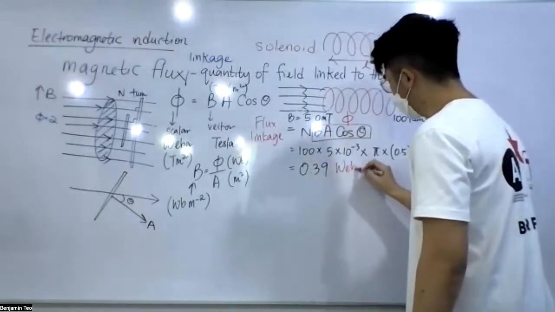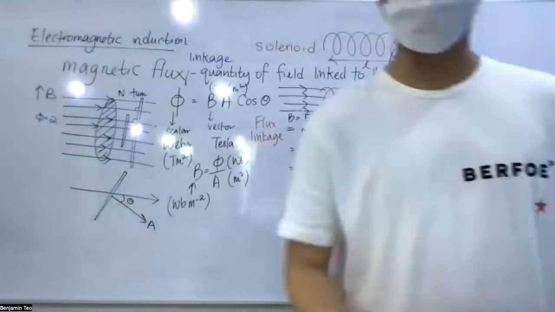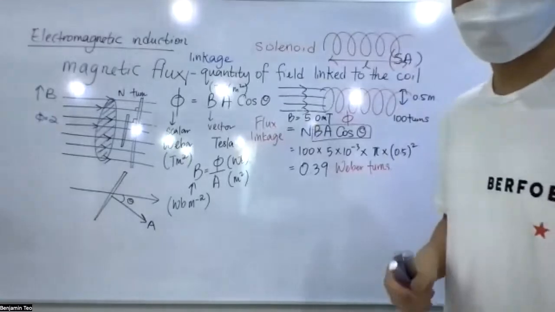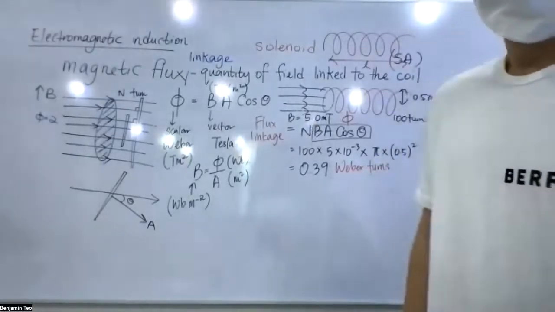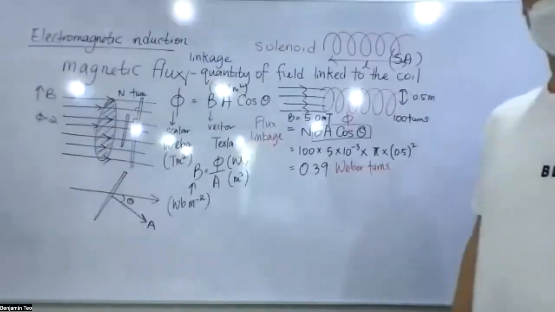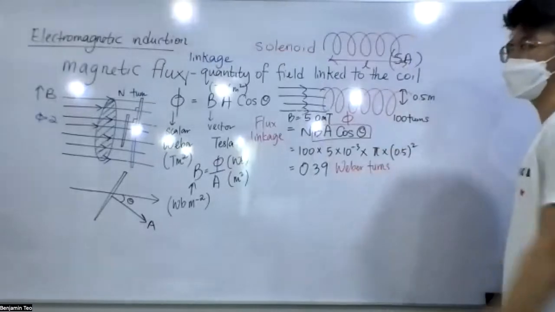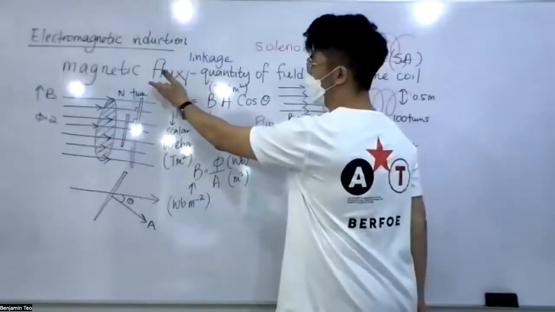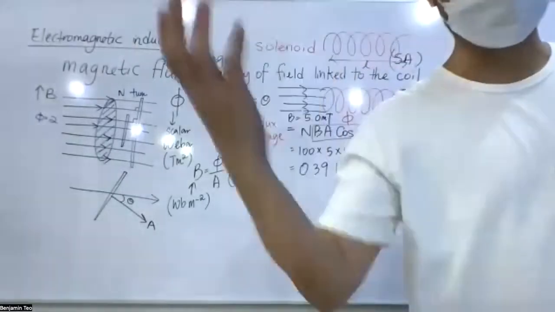So we write Weber turns. 0.39 Weber turns. Okay, now, this is just the basic. First, understand what is magnetic flux and what is magnetic flux linkage. Okay, now we go to the next part.